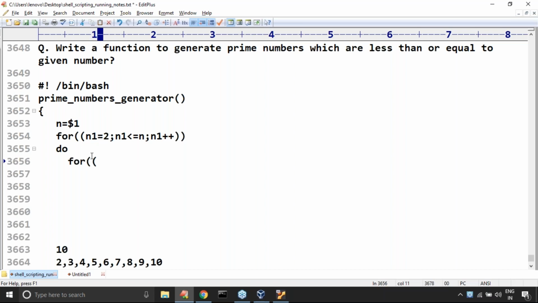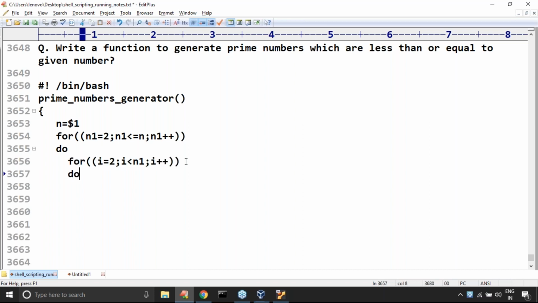Here my requirement is i equals 2, i less than n1, i plus plus. I have to test whether this n1 is a prime number or not.